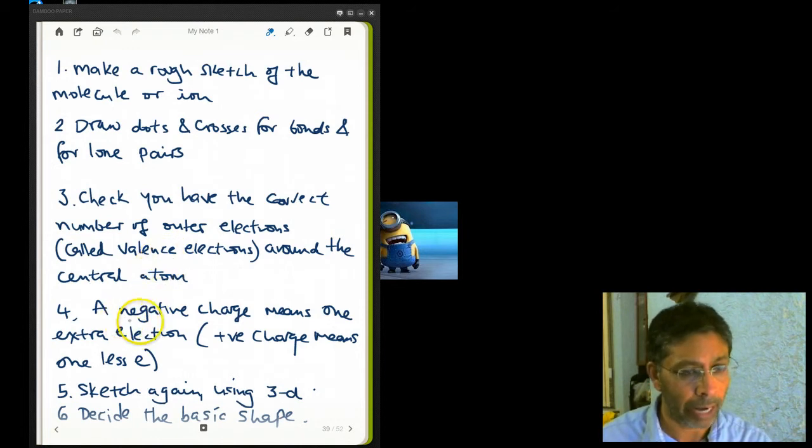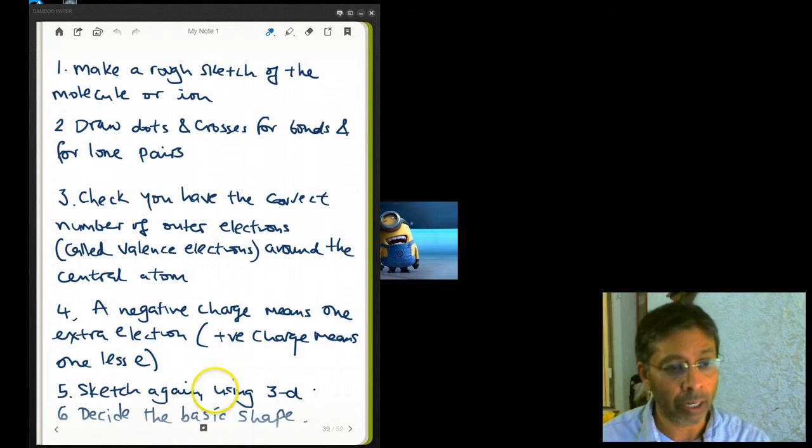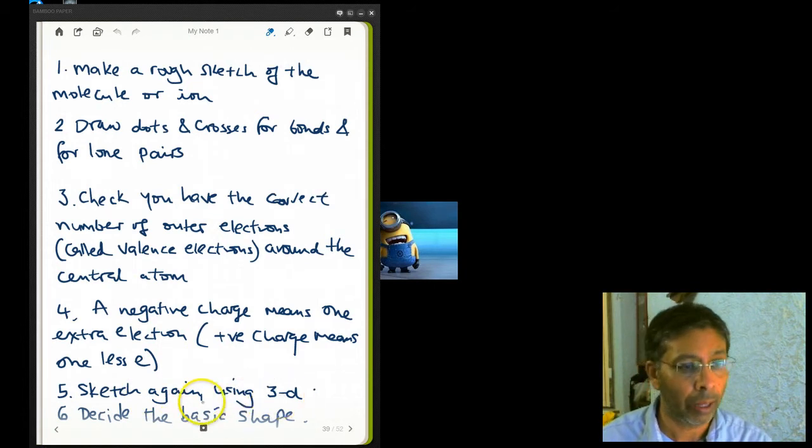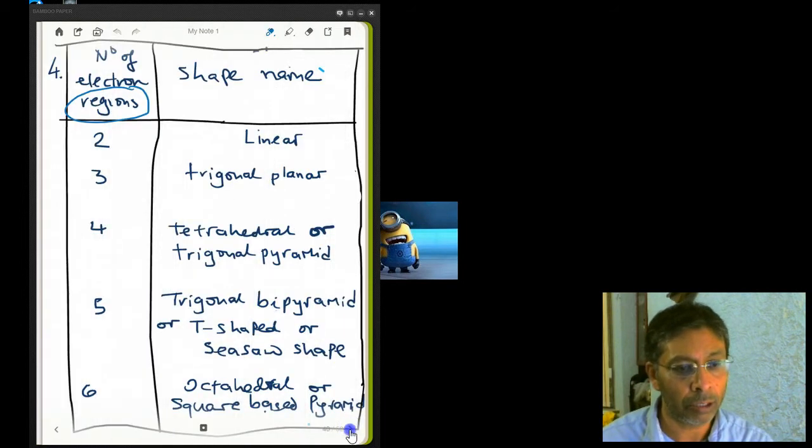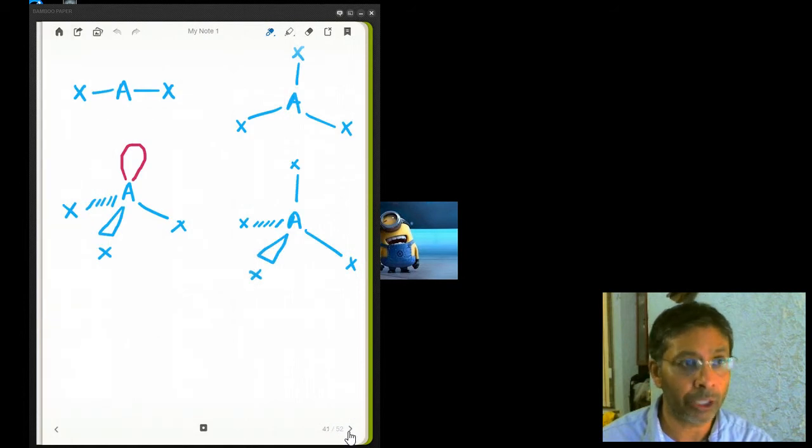Number 4, a negative charge means that we have 1 extra electron, and a positive charge means 1 less electron. We'll then sketch again using 3D, and then finally we'll decide the basic shape. Now, if this sounds a bit confusing, don't worry, we'll try some examples and then you'll be able to work it out yourself fairly easily. Okay, but first of all, let's look at some of the basic shapes.